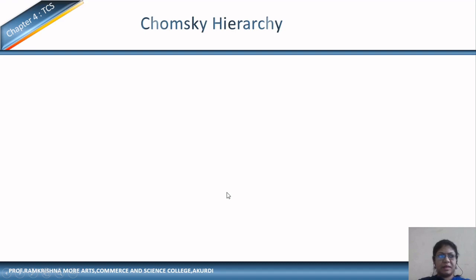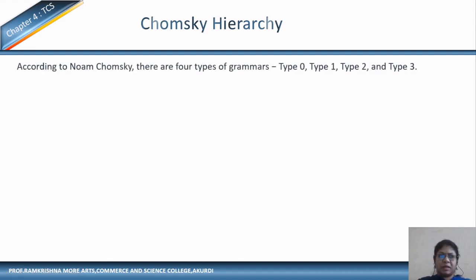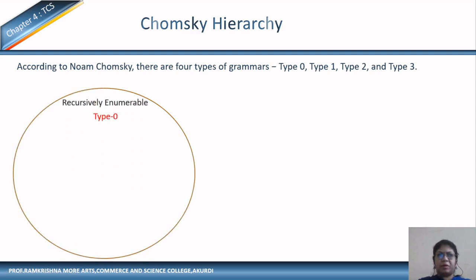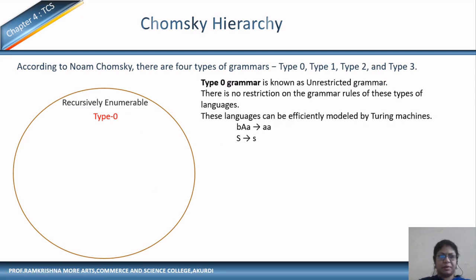So next we will see the Chomsky hierarchy. According to Noam Chomsky, there are four types of grammars: type 0, type 1, type 2 and type 3. We will see them one by one. First is the type 0 grammar, that is the recursively enumerable language. The recursively enumerable language is generated by a type 0 grammar. The type 0 grammar is also known as unrestricted grammar.